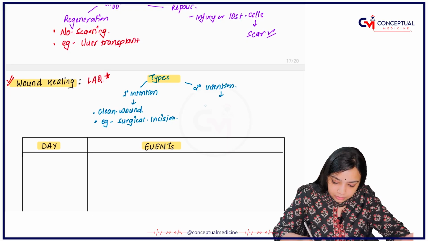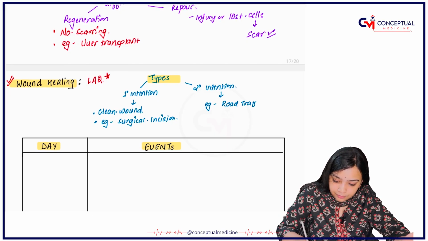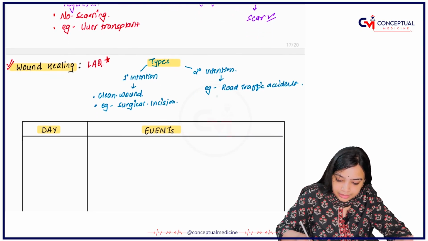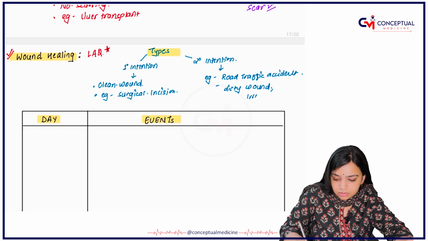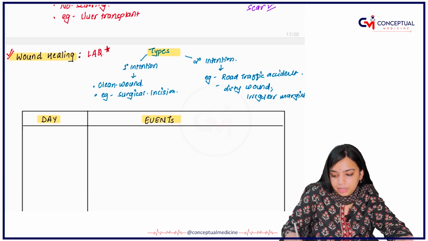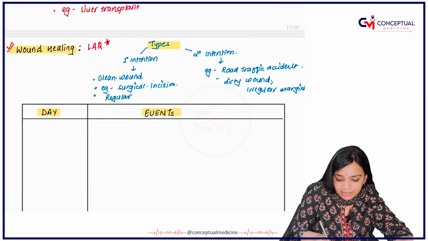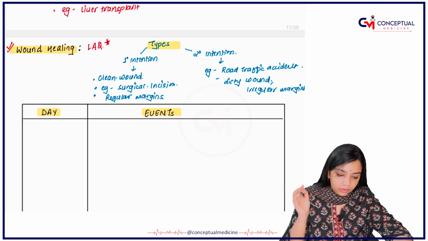The example can be when anyone meets with a road traffic accident, RTA. It is a dirty type of wound with irregular margins. And tell me, in the primary intention, margins would be regular because it is a planned incision, right? So they know what and where to cut and how much to cut. So the margins are regular.